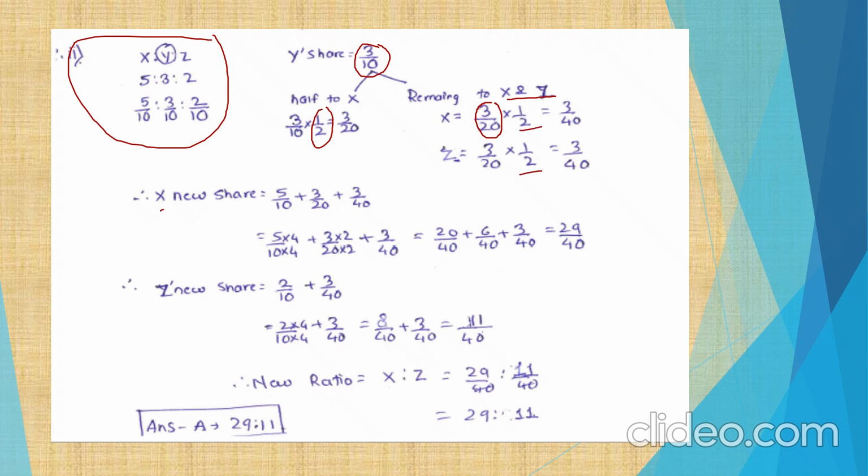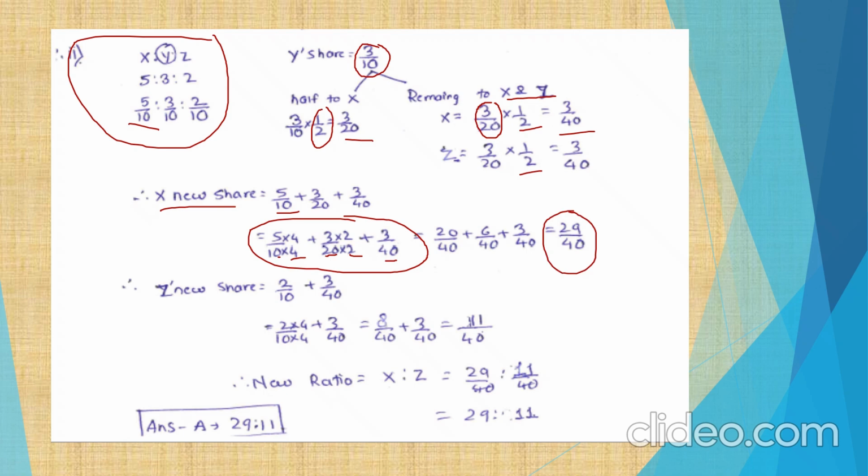So if you see now X's new share, it will be his old, which is 5 upon 10, plus 3 upon 20 and plus 3 upon 40. So if you make the denominators common for all of them, 10 you can make 40 by multiplying by 4, 20 you can make 40 by multiplying by 2, and here you already have 40. So in this way, if you add, you will get 29 upon 40.